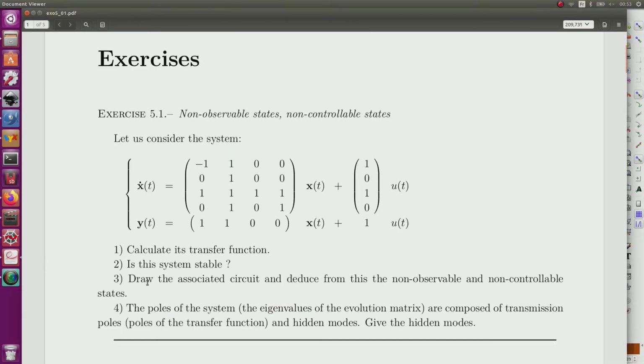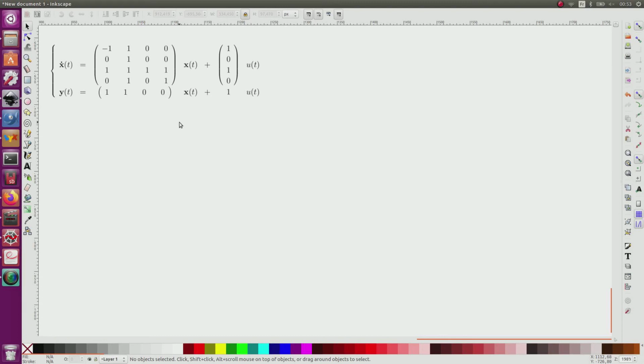Question number 3, I have to draw the circuit associated to this system and to have a better understanding of non-observable or non-controllable states. My system is here and I will try to draw the corresponding circuit.